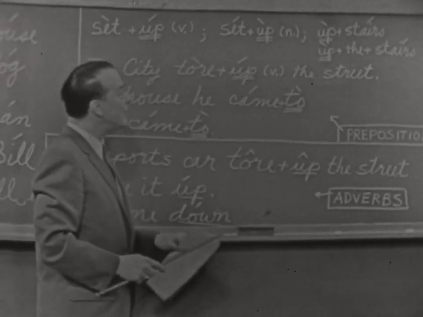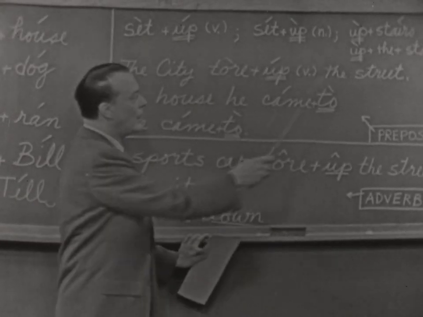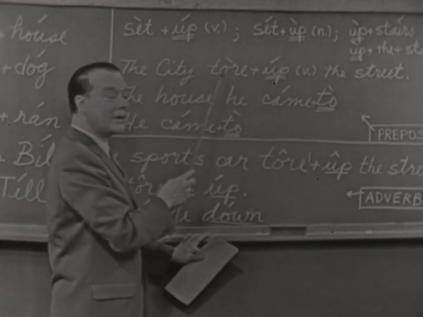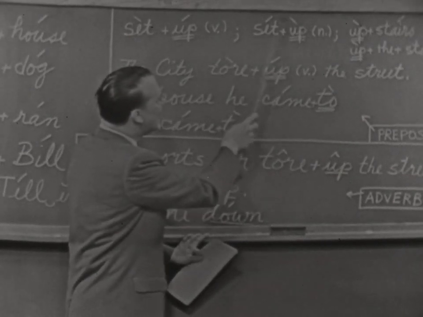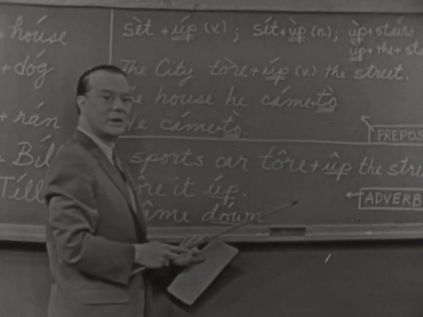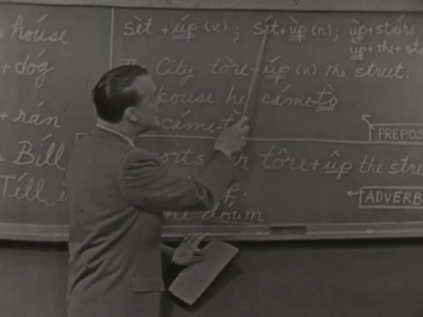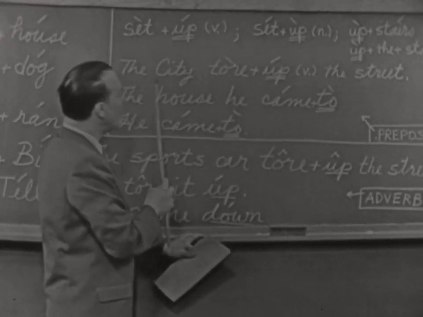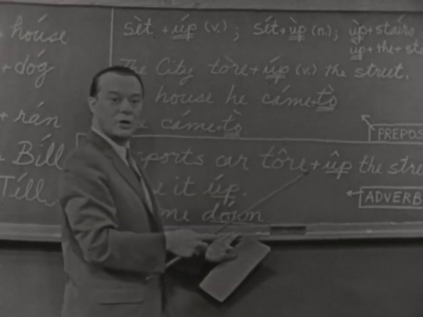A preposition is going to be an uninflectable word that can be put together with a noun after it, can be put together with noun or verb in front of it, as long as there is only a tertiary stress in the entire phrase, then you've got a preposition. So up is a preposition because it exists here only in a phrase that has primary and tertiary, never more than tertiary. Here's another example. The city tore up the street. The city tore up the street. Happens in New York every day.